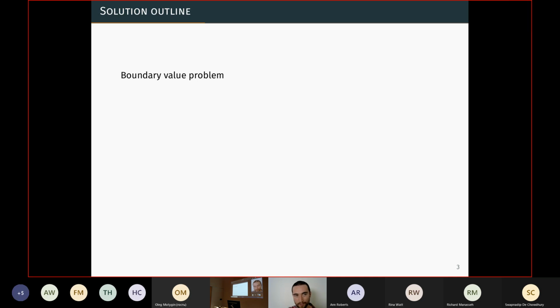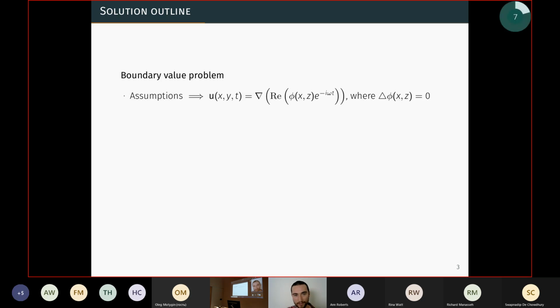To model this problem, I'm going to use linear water wave theory. Basically you assume that the fluid is inviscid, irrotational, and incompressible, and that it's undergoing time harmonic motion. So you can express the velocity of the fluid as the gradient of some scalar potential, which satisfies Laplace's equation, as I'm sure a lot of you are already aware.